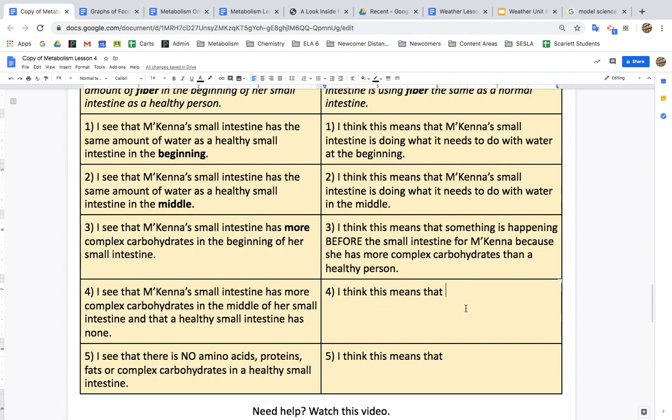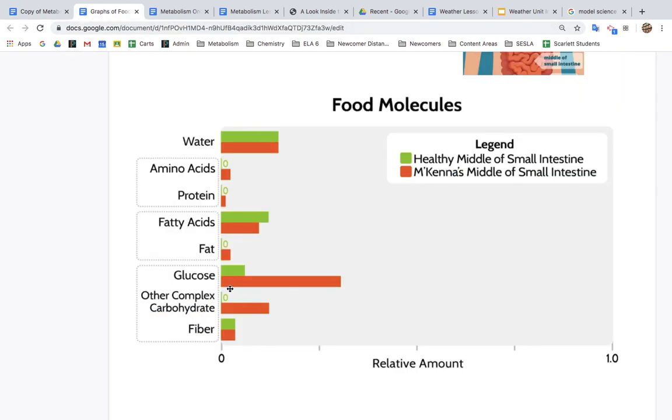Do your best to figure this one out on your own, and remember, it does not have to be perfect. So what do you think it means that McKenna's small intestine, when the food gets to the middle, has so much complex carbohydrates, but a healthy small intestine has none? Do you think that means that her small intestine is doing what it's supposed to do with the complex carbohydrates?